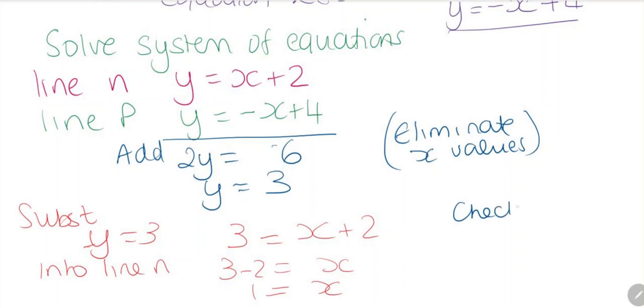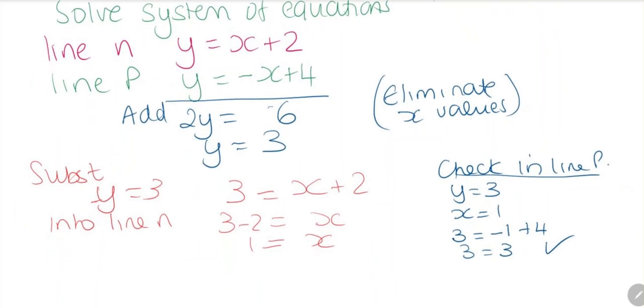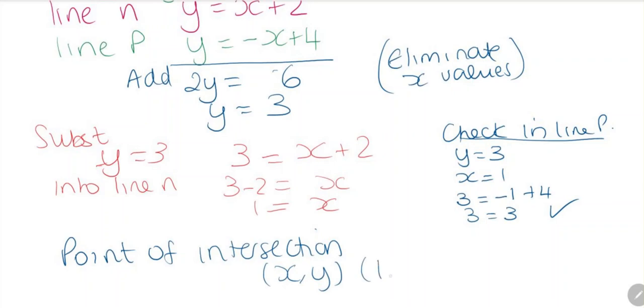I have y is 3 and x is 1. So I'm going to check in line P. So y, that is 3, minus x, so minus 1, plus 4, 3 equals 3, so yes, my value is correct. So my point of intersection between the two lines is at x is 1 and y is 3.